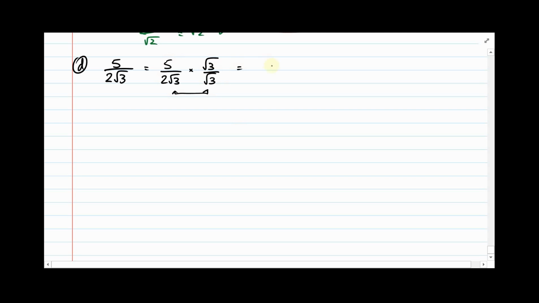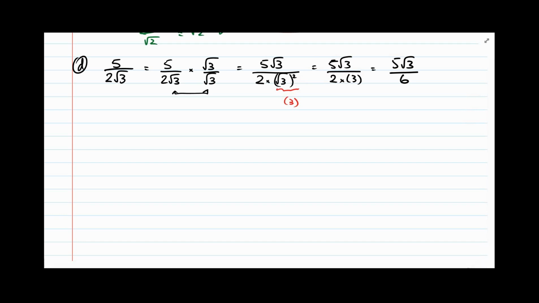So the numerator is 5 root 3, and the denominator is 2 times root 3 squared. But root 3 squared is nothing more than 3. So I will end up with 5 root 3 over 2 times 3, 5 root 3 over 6. It's still an irrational number, but at least now there is no root on the denominator.